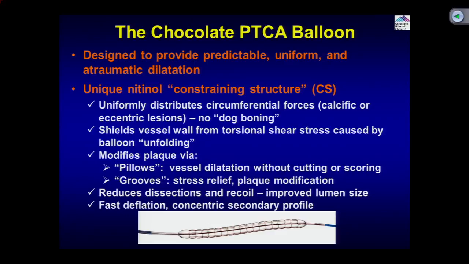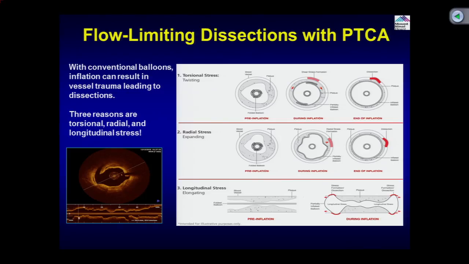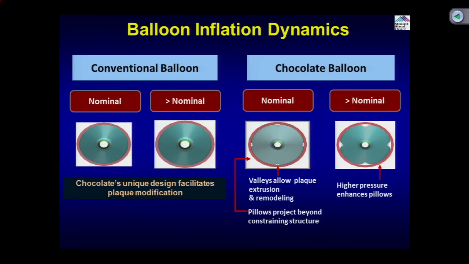That becomes the concept of the pillows and grooves, and reduces dissection and recoil, improves lumen size, and allows a fast deflation and inflation technique. Compared to balloon angioplasty, where vertical and longitudinal inflation cause a lot of dissection, the chocolate balloon has a lower incidence of dissection.